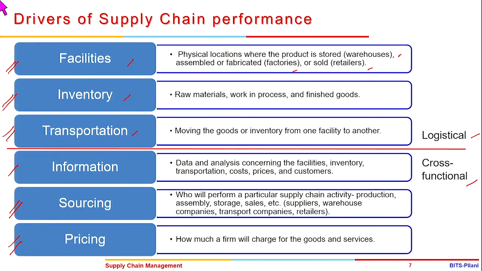Inventory is about raw material inventory, work in progress inventory, and finished goods. Third is transportation. Transportation is about moving the goods or inventory from one facility to another. These three are logistical supply chain drivers.